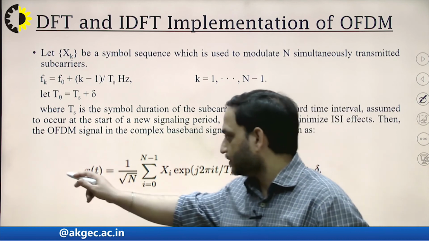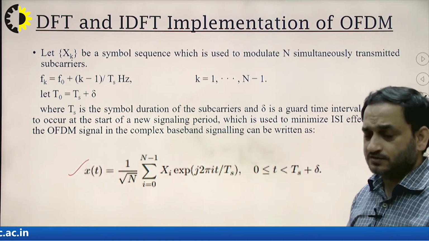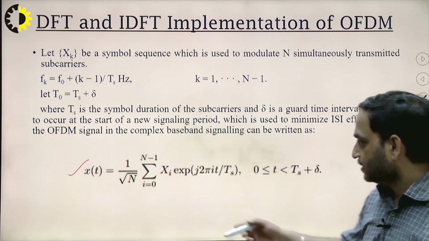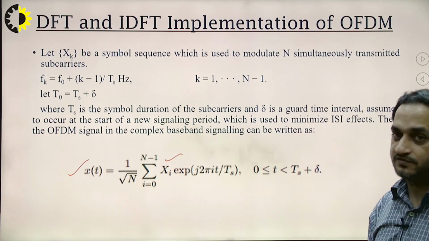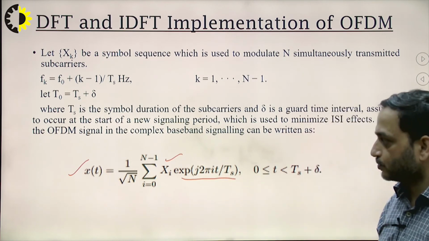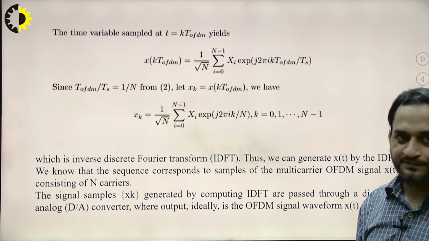This is the formula where we are using the DFT, discrete Fourier transform concept. We can also use the DFT or FFT, fast Fourier transform. Here xi represents the symbols which we want to transmit, multiplied with the carrier frequency. This is the modulated signal in terms of time which we want to transmit.